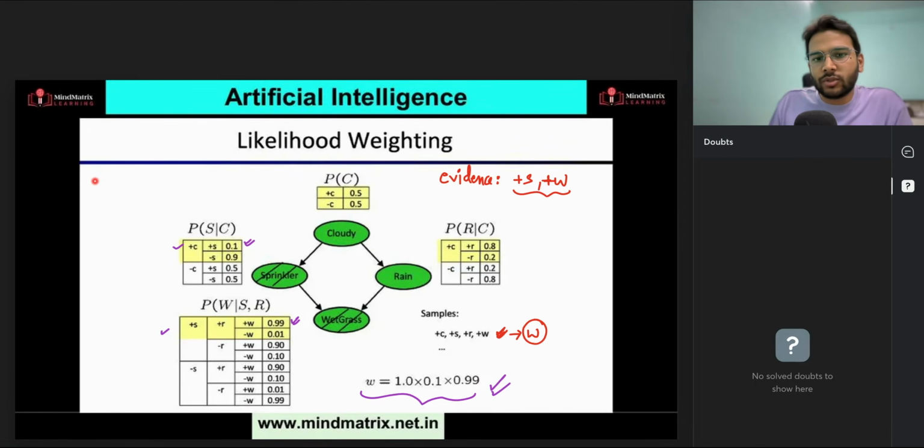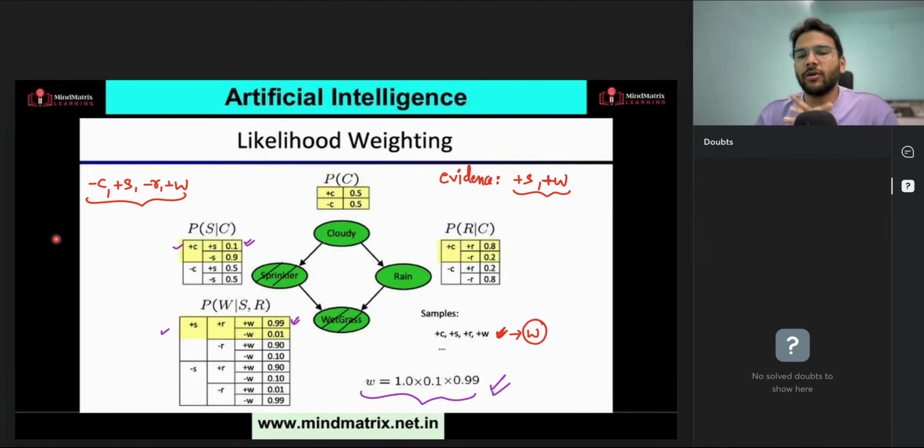Let's say it is minus C plus S minus R plus W. Start doing this. Tell me, what will be the value of weight for this particular sample point? Then I will be solving this.